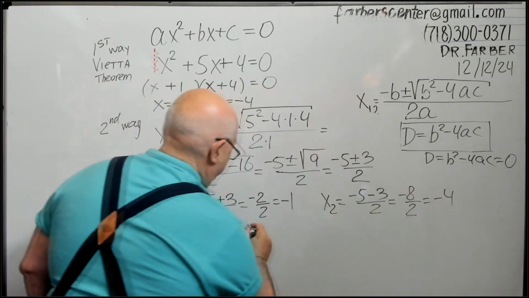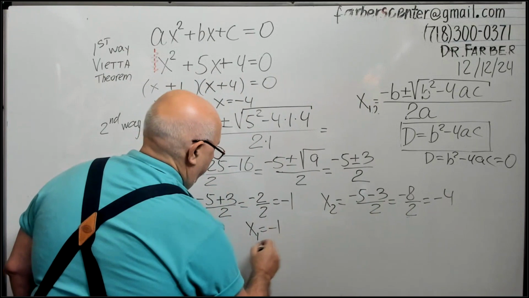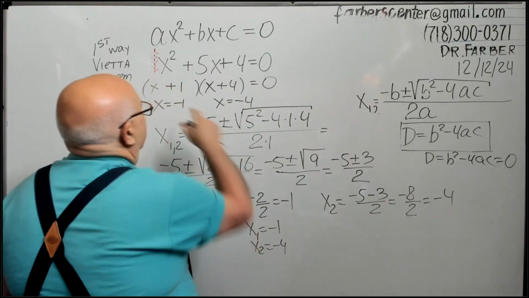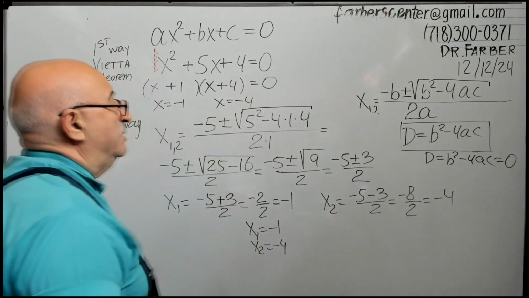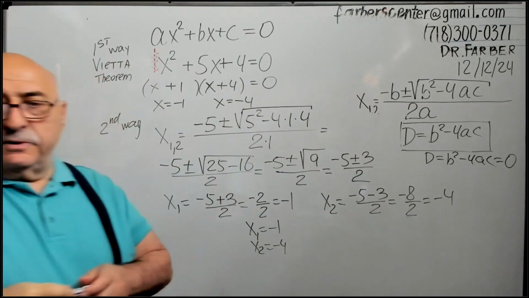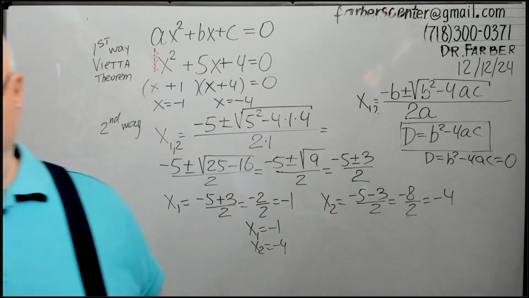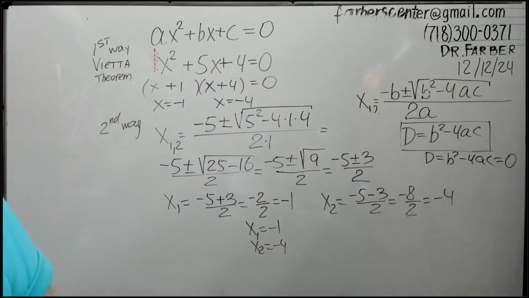And the answers are x1 equals -1, x2 equals -4. The same. This is faster, but this universal approach shows the formula works for everything. Who understands this 100%? 100. Good.